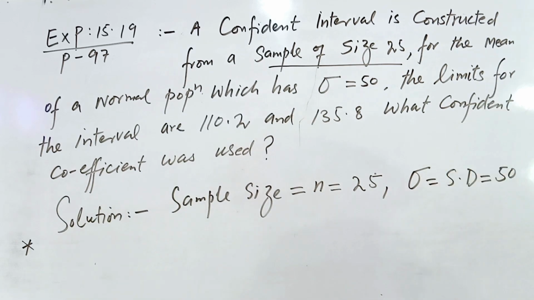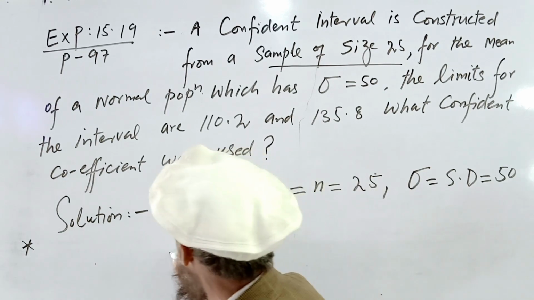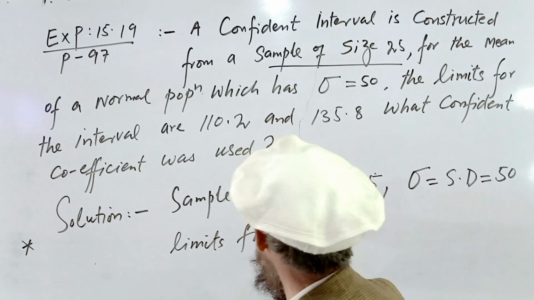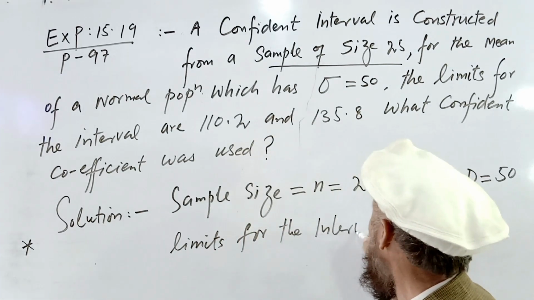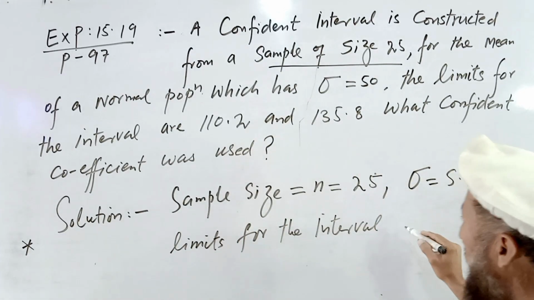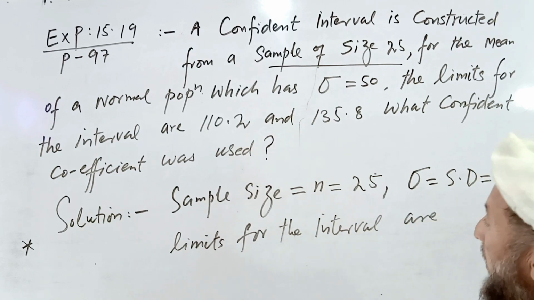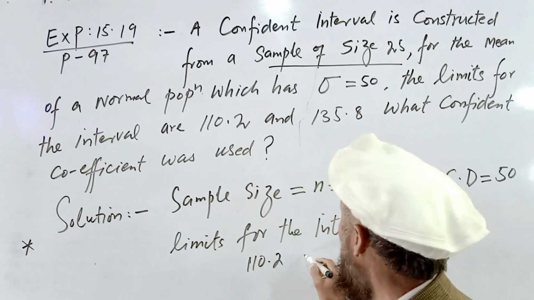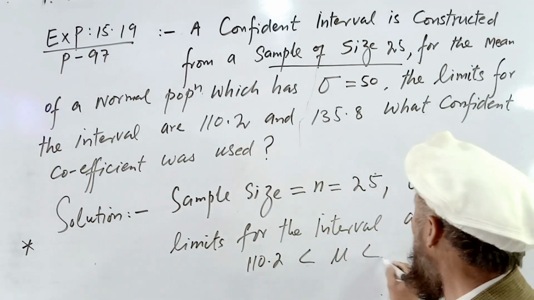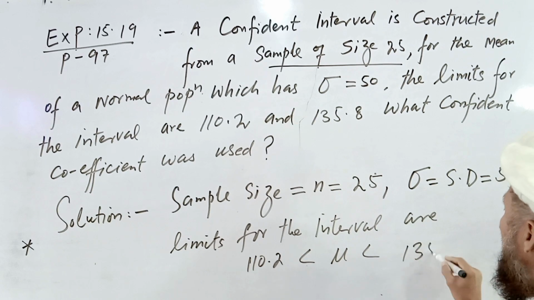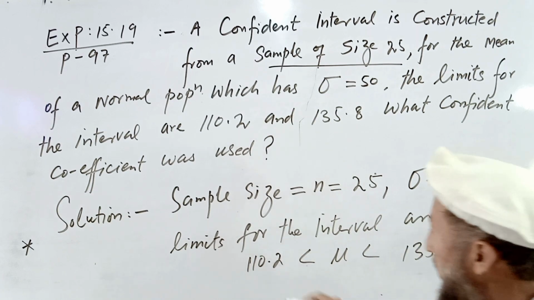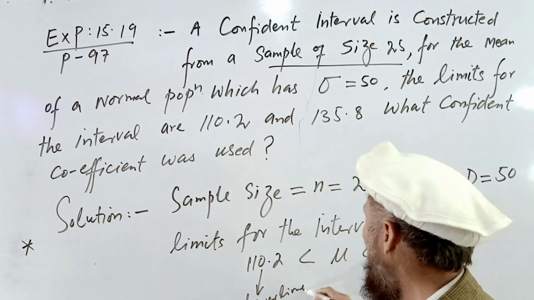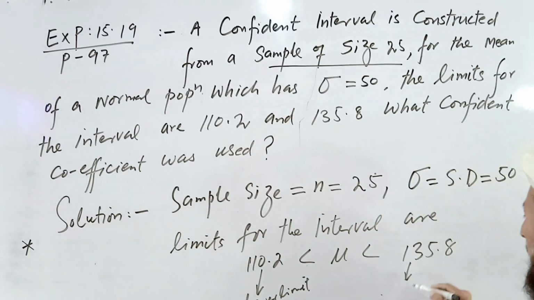The limits for the interval are given. That is 110.2 up to 135.8. So that is called the lower limit, and this is called the upper limit.